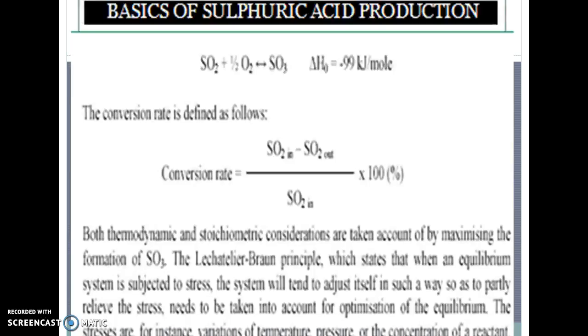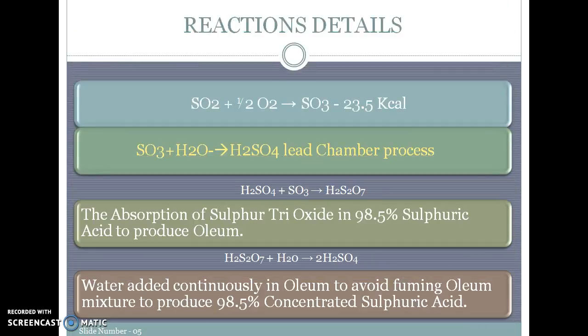So this is the main reaction as we discussed in previous slides. Now let's look here. In the case of the lead chamber process, SO3 was directly brought into contact with H2O to get H2SO4. If you directly contact SO3 with water, it will form a type of fog, and SO3 just gets dispersed into a mist of water.